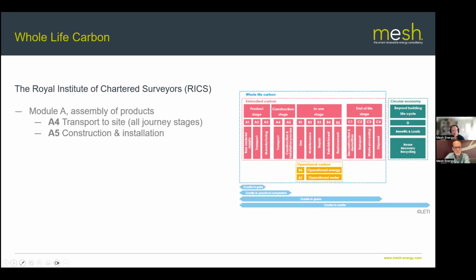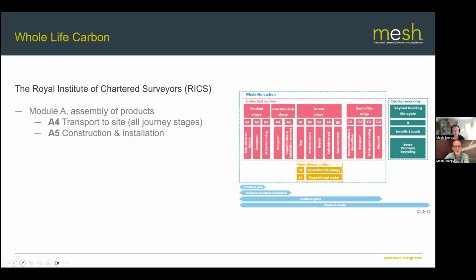Then we have the second part of Module A, and this is all about transport to site and construction and installation. If you're familiar with some of the more bioregional analysis or approaches to sustainable construction, then the locality of the suppliers for materials can be equally as important because there are transport emissions associated with the construction site.